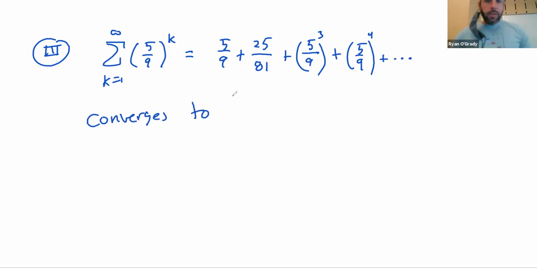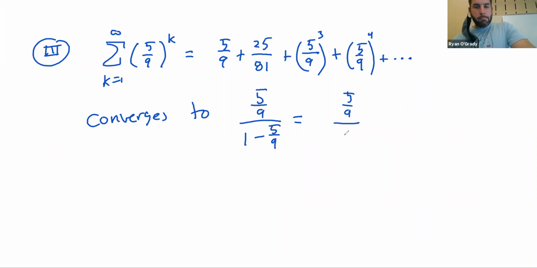And it converges to 5/9 divided by 1 minus 5/9. And what is this equal to? This is 5/9 divided by 4/9, which simplifies to 5/4. And so it's worth pointing out, why does it converge?